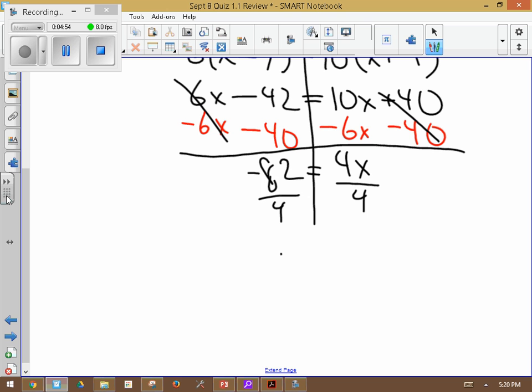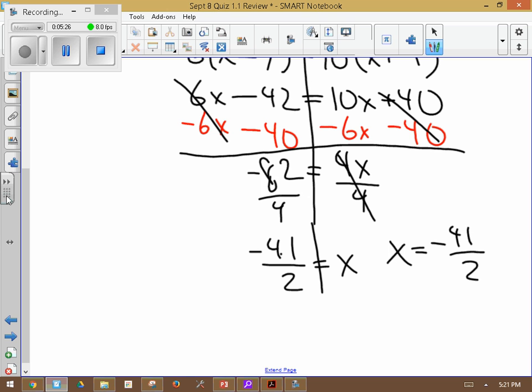You notice that 4 does not evenly divide negative 82, but we can reduce it. We can divide both the numerator and the denominator by 2, and you end up with negative 41 over 2. Of course, we know that those two divide out, and we're just left with x. And so our final answer is x equals negative 41 over 2.